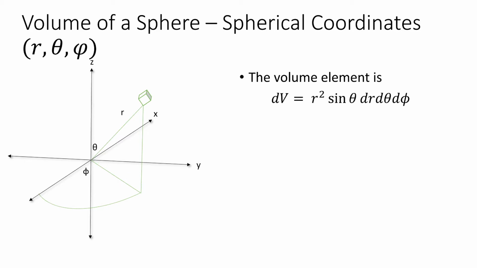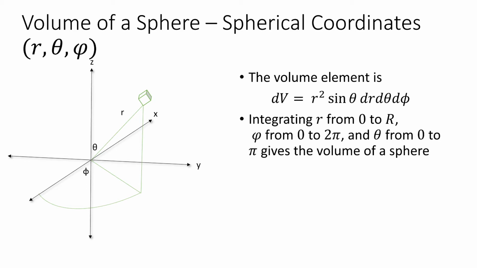So now we have every component. We have each of those pieces. We have the dr, the r d theta, and the r sine theta d phi. So if we think about how we can get the volume of a sphere, if we integrate r from 0 to r, we have gone from the origin to the radius of the sphere.